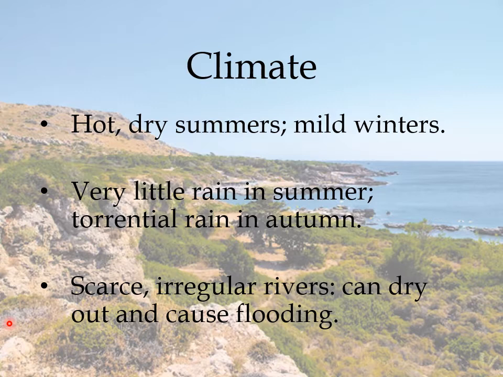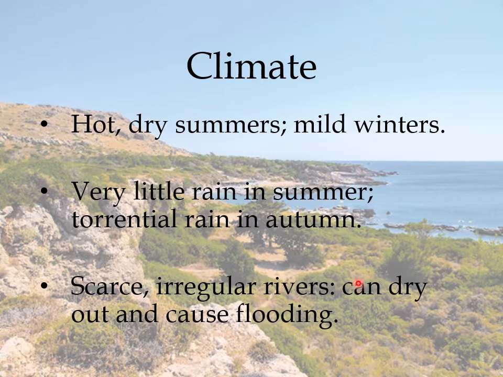This torrential rain is the one that flows extremely at some specific point of the year. It can cause floods or even natural or material damage to the buildings or to the population that is living there. The rivers, because of this, are scarce, they do not carry a lot of water, and they are irregular because of the little rain, which is also very irregular, a lot in autumn and not so much in other moments.